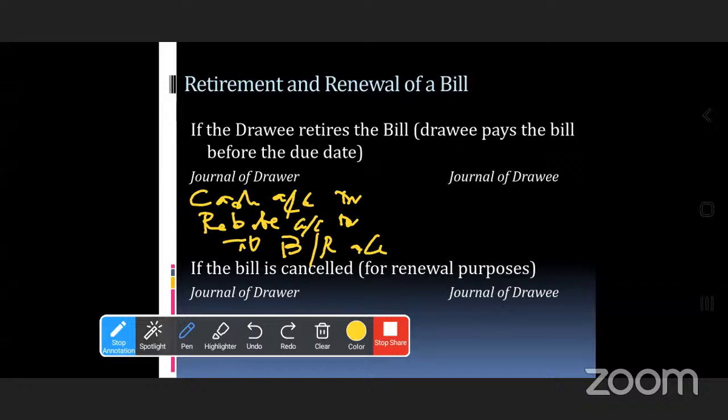That is, bill retired at so and so date and rebate is allowed at certain percent before the due date.